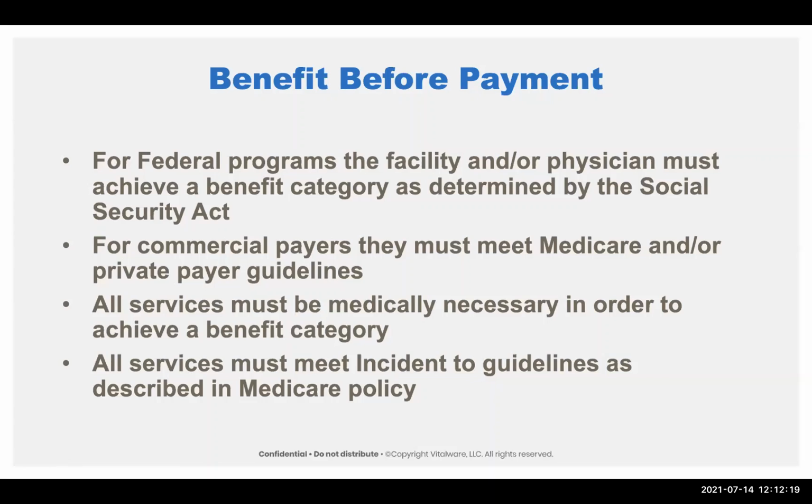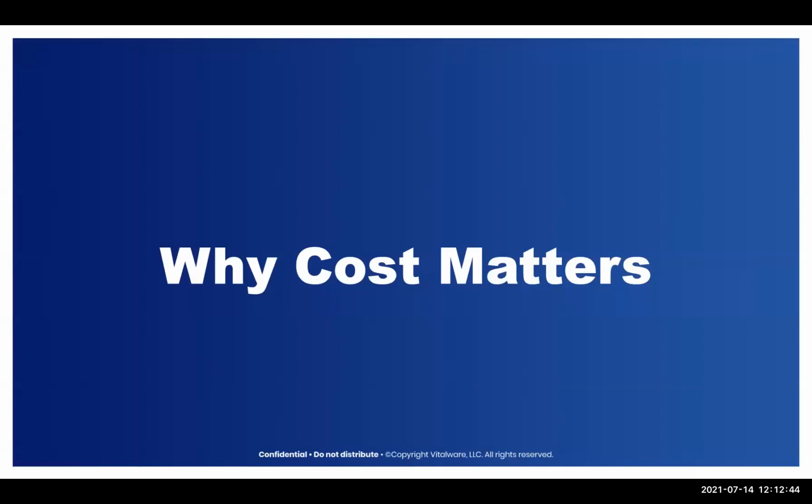So they may start with Medicare guidelines and add on top of that a bit more so that you end up struggling a bit. All services have to be medically necessary. So that's a key component right then and there. Did they meet medical necessity? And if they didn't, are they going to get an ABN? All services must meet incident to. So now we're going to go in.